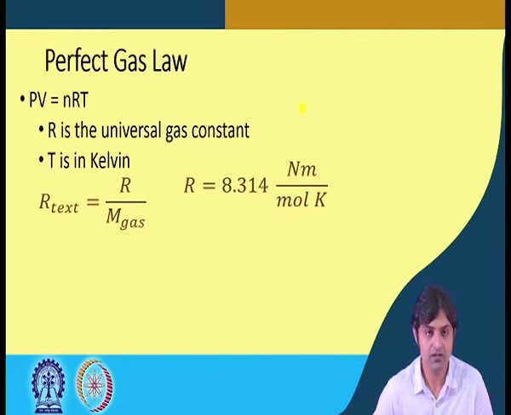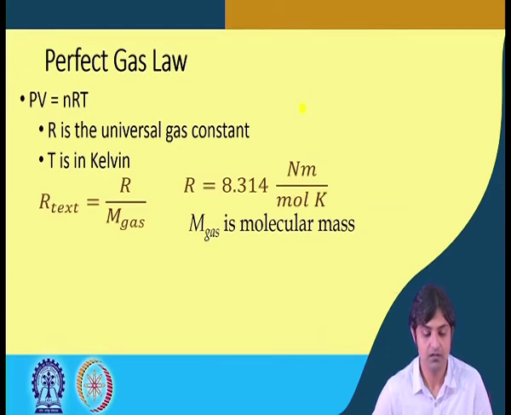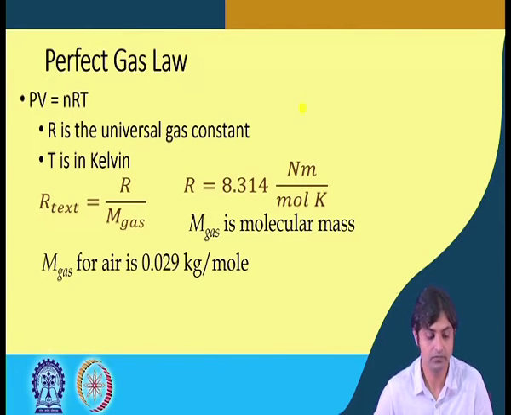In one of the textbooks that we are referring to, Munson, Okiishi, Young or Cengel, the R in the text has been written as R divided by m, where m_gas is the molecular mass of the gas. M_gas for air is 0.029 kilogram per mole.